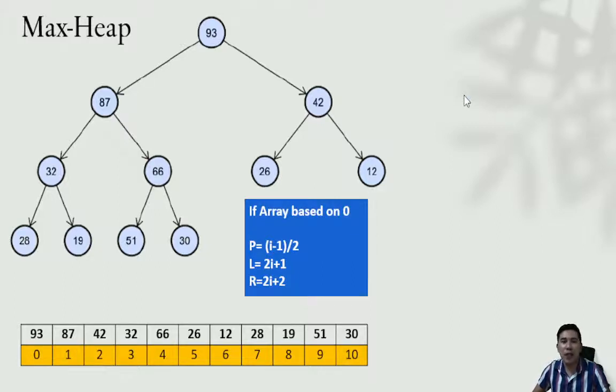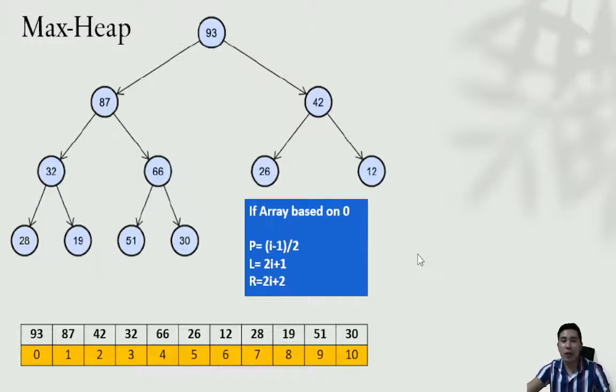In terms of insertion, it could be a constant value of O(1) or up to O(log n). But in terms of finding a value, it is actually constant, because we use a certain formula. So the formulas are these.